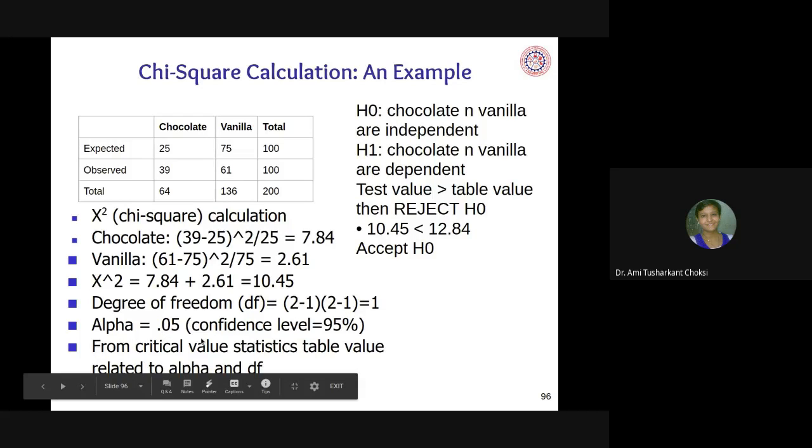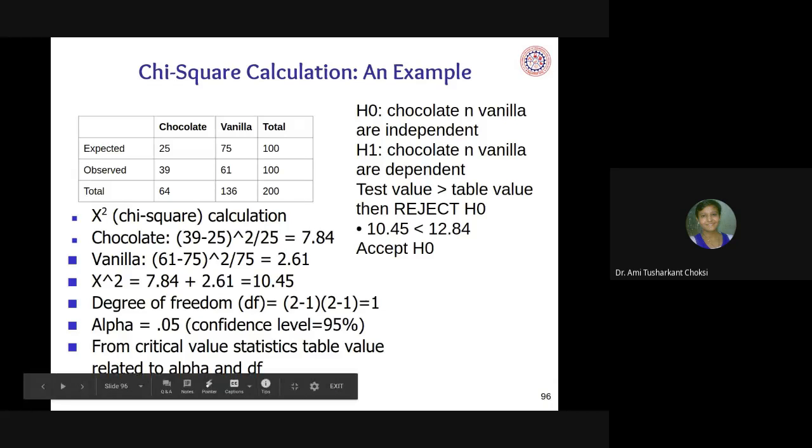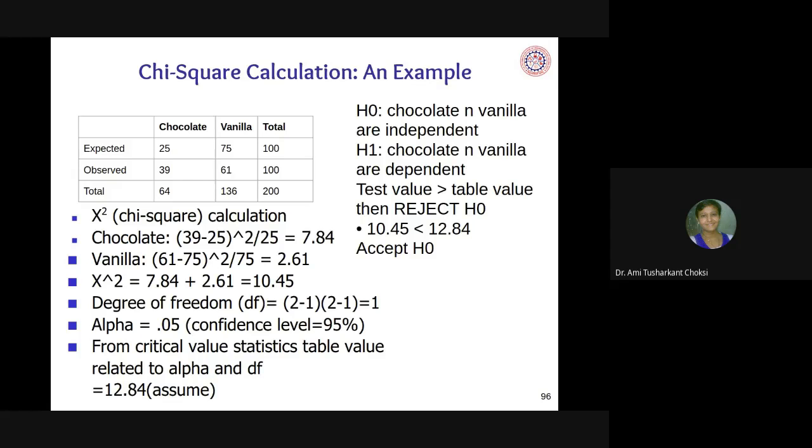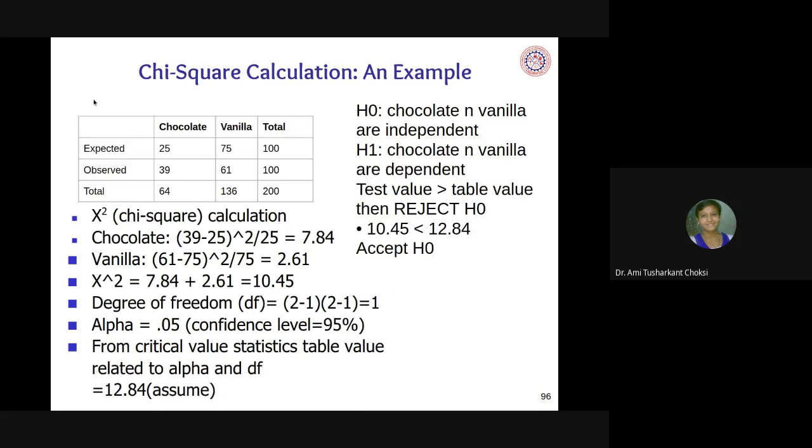Alpha is equal to 0.05 because a 95% confidence level is given for this particular problem statement. So from the critical value statistics table, where the DF and alpha are given, we need to find the value of chi square.